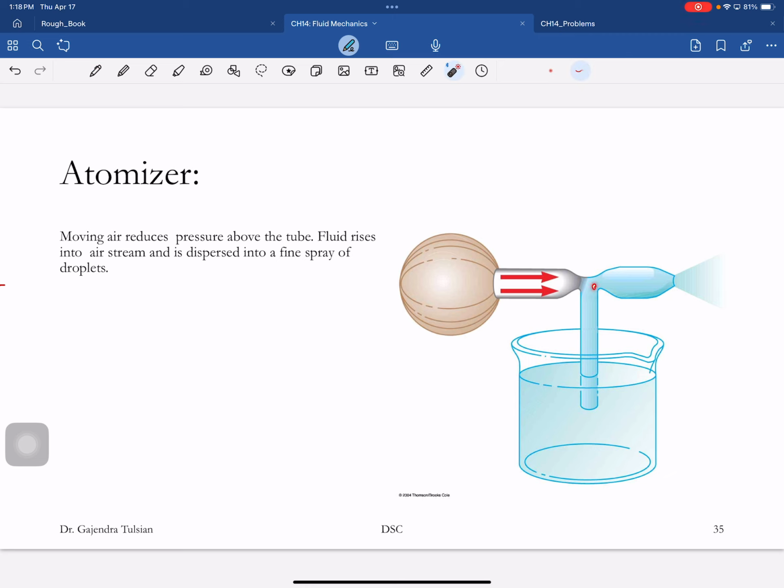The pressure here decreases. Atmospheric pressure pushes this liquid up there, and this gets caught up in this flow, and you spray that liquid. I guess the technical term is entraining. So you're entraining this fluid in that flow.